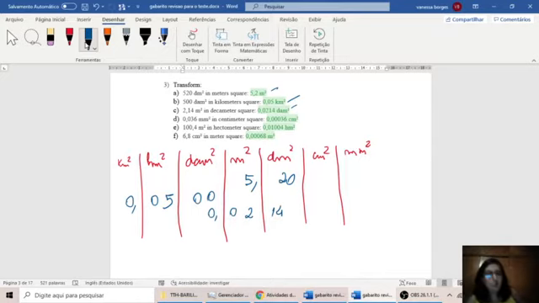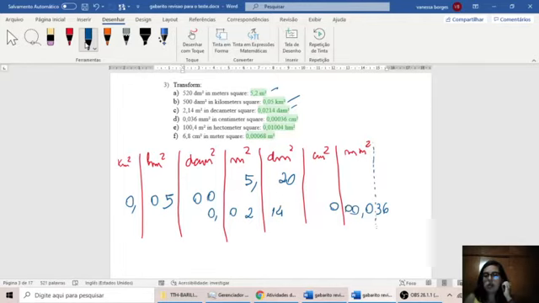Then 0.036 millimeter square. So what does that mean? That means that I am here and all these digits are over the millimeter square. Oh, is it possible? Yes, because it's like this is in another unit smaller than millimeter square, okay? And I want to change for centimeter square.